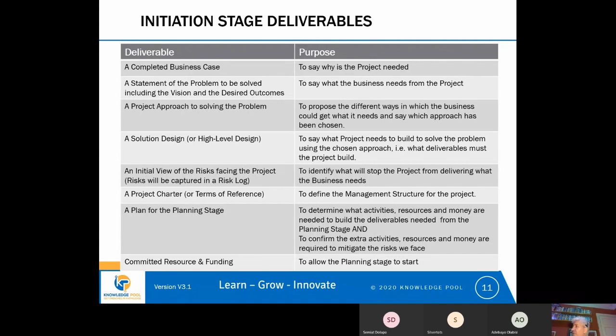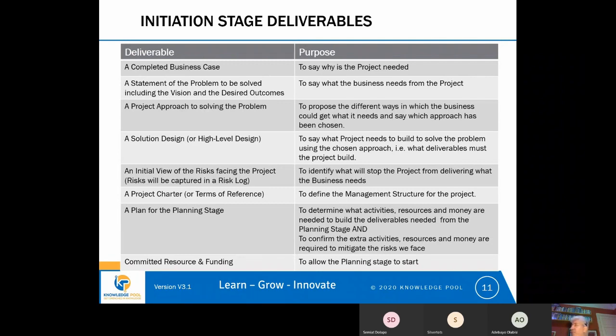And then based on those outcomes, we need to further decompose it down to the deliverables that are needed in order to solve the problem. So in stating our problem, we are trying to define our vision of the problem and of the solution, and we're trying to define our outcomes, what we're trying to achieve. In essence, we're trying to say what it is that the business needs from the project.